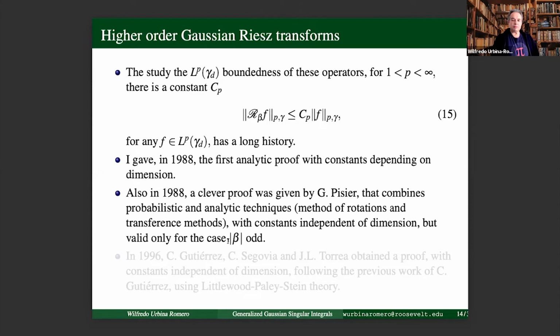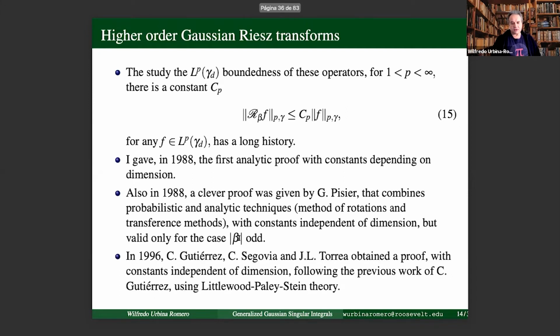But his method only worked for odd beta. So I was able to publish my dissertation as a paper, otherwise I would be excluded, right? And then after the paper of Gutierrez, Gutierrez, Segovia, and Torrea obtained a proof with constant independent of dimension, following the work of Gutierrez, using Littlewood-Paley theory.